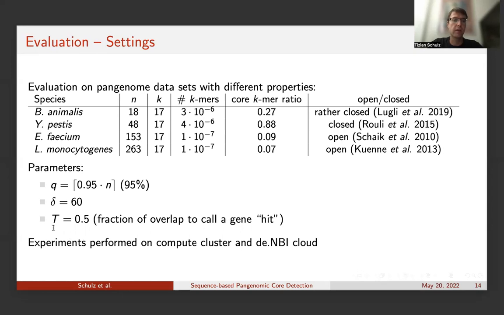And then we added parameter t, which we used to map results from the gene-based approach to results from the sequence-based approaches. We said a gene was found by the sequence-based approaches if its sequence appeared by at least 50% inside the sequences that were predicted by the sequence-based approaches. Our experiments we performed in our compute cluster in Bielefeld and also partly on the de.NBI cloud.